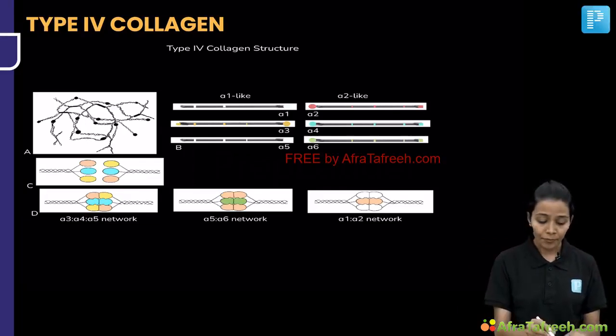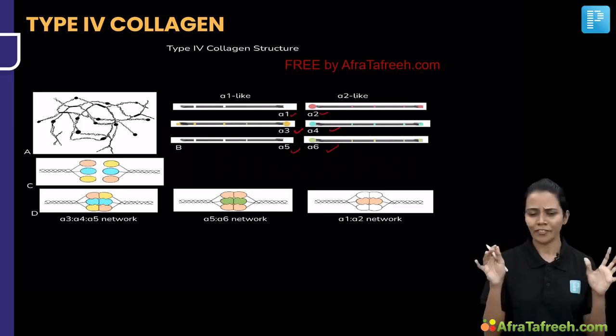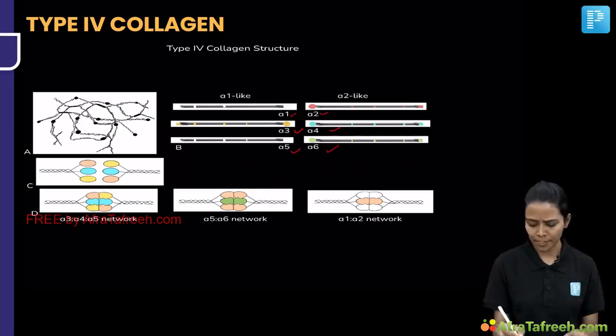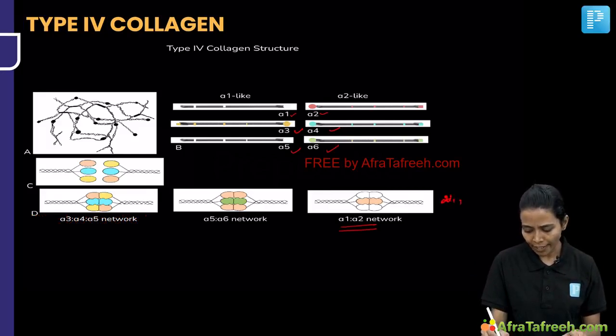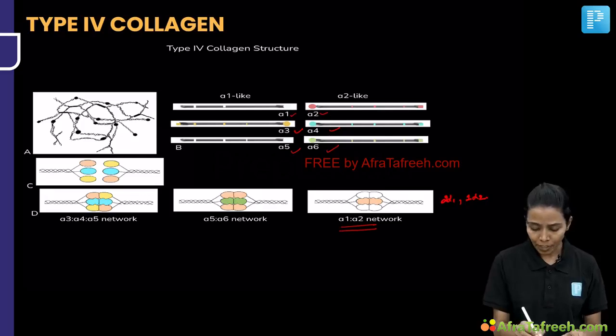For example, this type 4 collagen is formed from alpha chains which are alpha 1, 2, 3, 4, 5 and 6. Okay. So, majority everywhere in all basement membranes, it is this alpha 1 and the alpha 2 which is forming network. That is, generally it's going to be triplet. So, it will be 2 alpha 1 and 1 alpha 2. Okay. Similarly, you can see alpha 5, alpha 6 forming network.